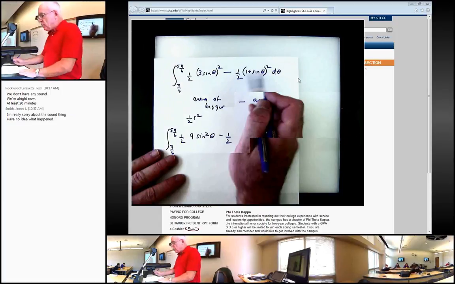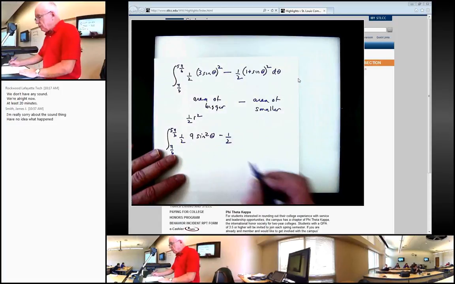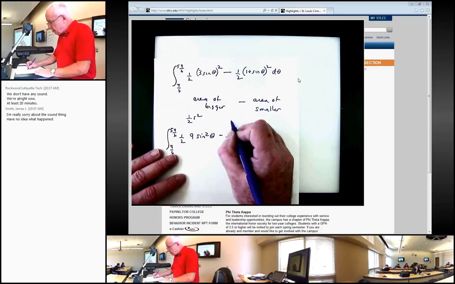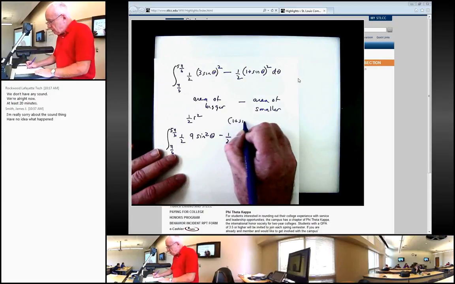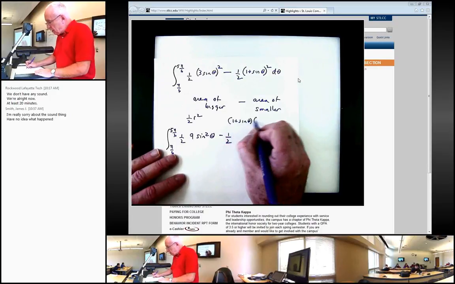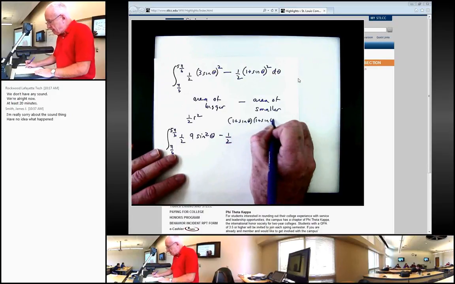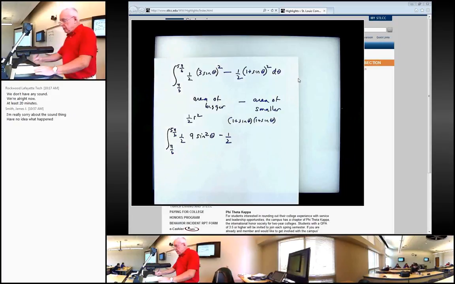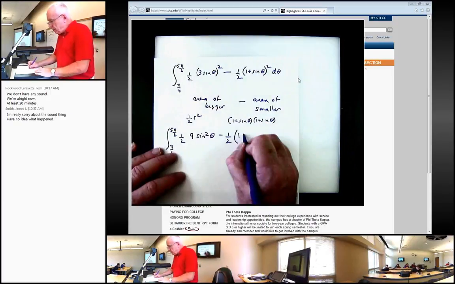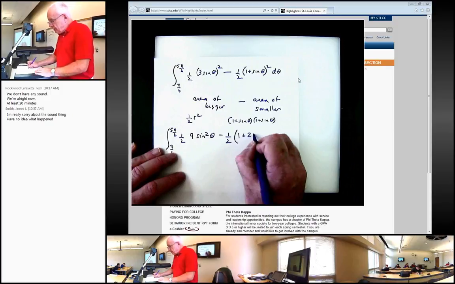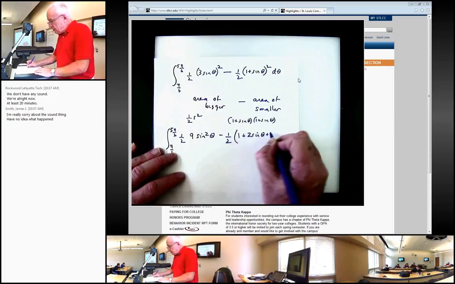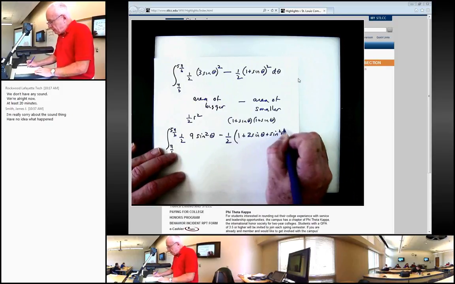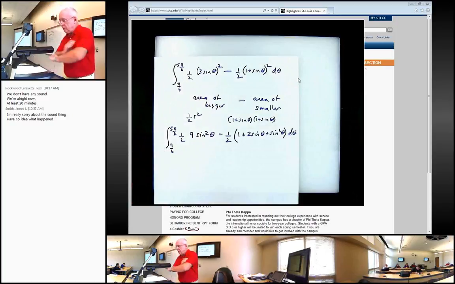And then to square this out, I need to FOIL it. 1 plus sine of theta times 1 plus sine of theta. FOIL it out. So let me put some more parentheses here. So that gives me 1 plus 2 sine of theta plus sine squared of theta, d theta.